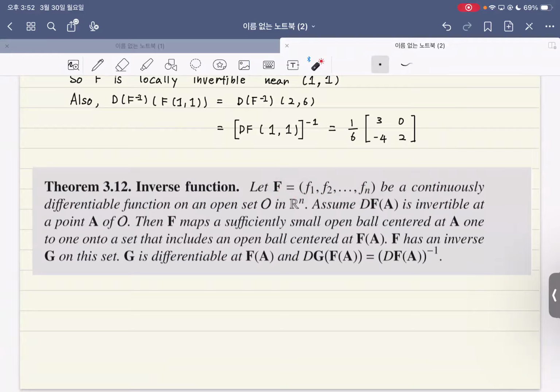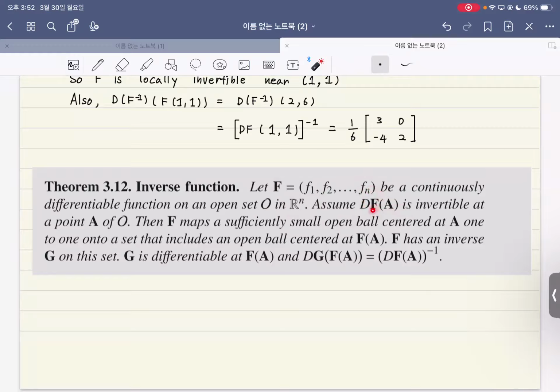It also says that this function is a continuously differentiable function on an open set O in Rn. So if this is a function from Rn to Rn, right? And if the matrix derivative of this guy at this point is an invertible matrix, this should also be a square matrix.